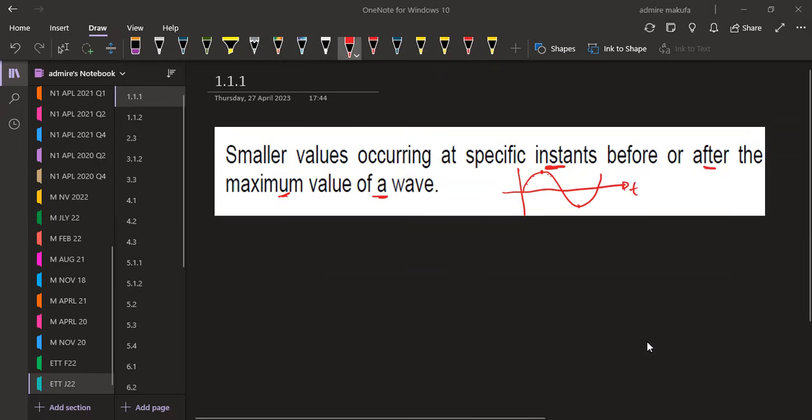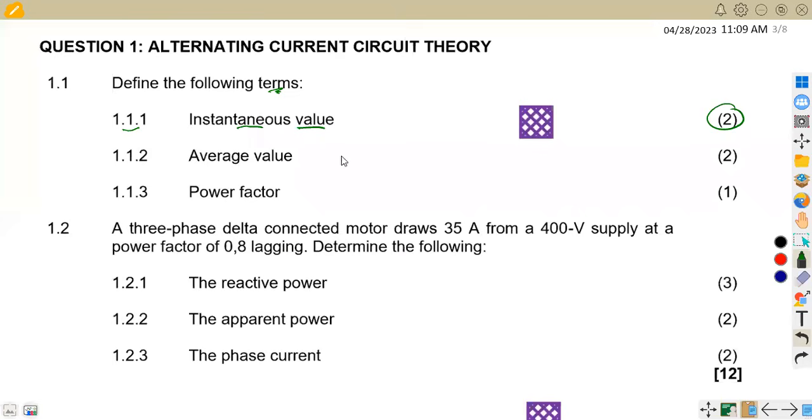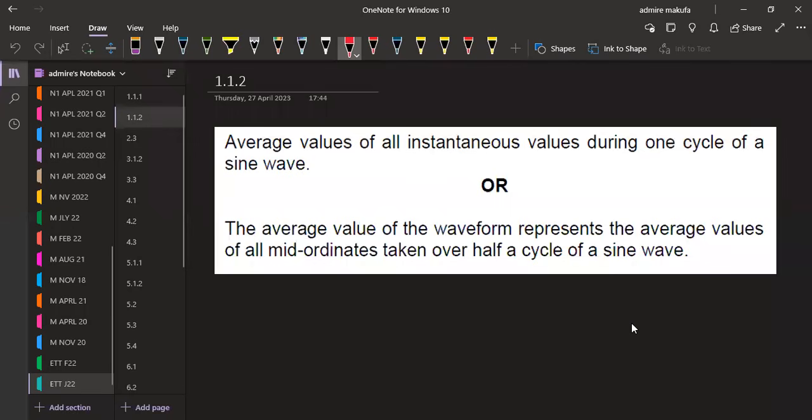All right, we move on to the other part of the question, which is 1.1.2, to give a definition for the average value. Also 2 marks for this. We can define this as the average of all instantaneous values during one cycle of a sine wave.